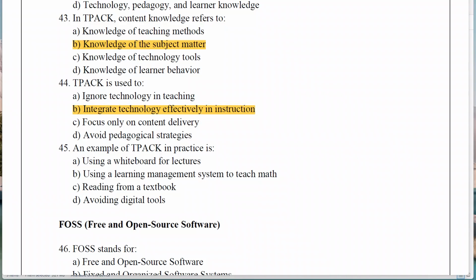An example of TPACK in practice is using a learning management system to teach maths.